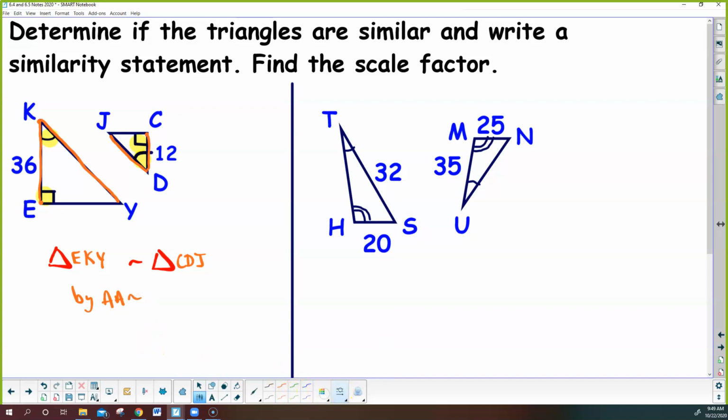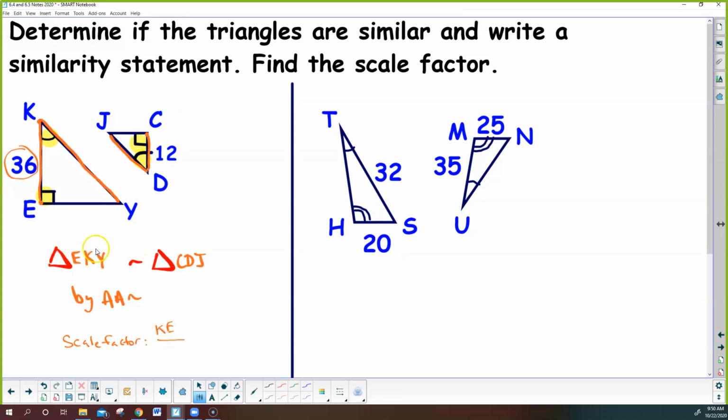All right. Now, because they're similar, now I want to find the scale factor, and I only know one side. And by the way, because I wrote EKY first, then that's the side I'm going to deal with first. So I'm going to look at the scale factor as the side length KE.